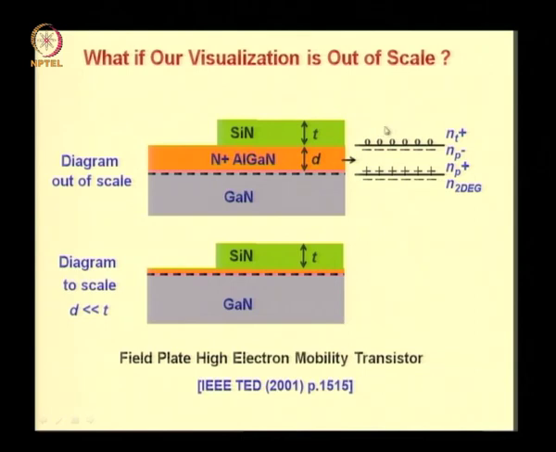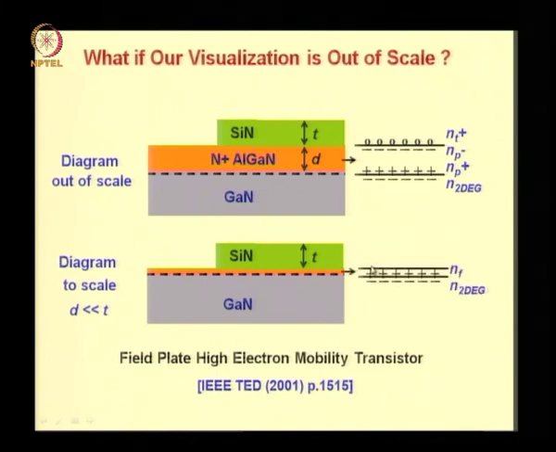Taking into account the separation between the charges can complicate the modeling exercise, whereas when you visualize the diagram to scale, the aluminum gallium nitride layer can simply be modeled as a sheet of positive charge equal in magnitude to the positively charged trap concentration at the interface between aluminum gallium nitride and gallium nitride, and this positive charge sheet contributes to the electrons.